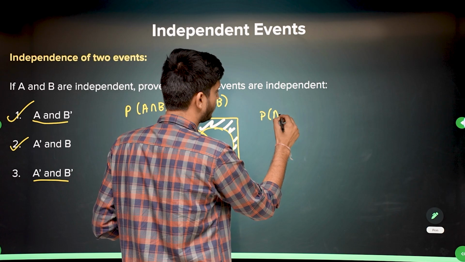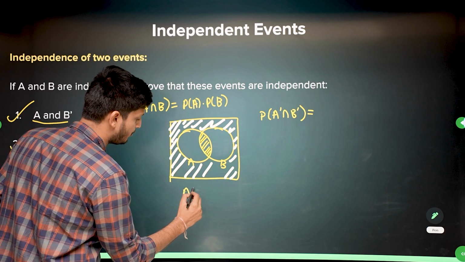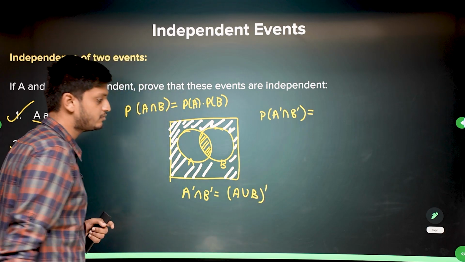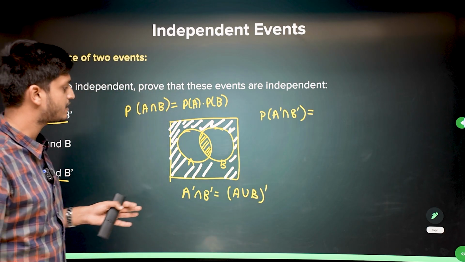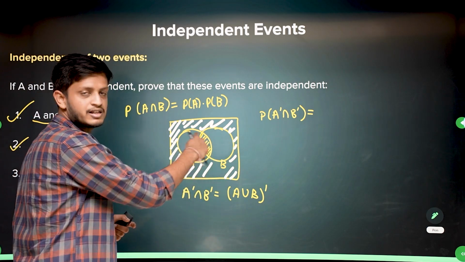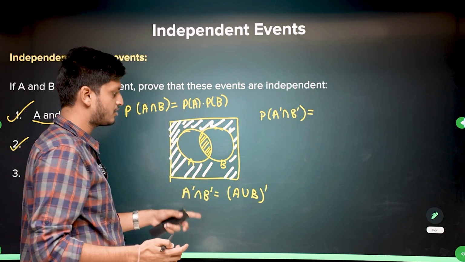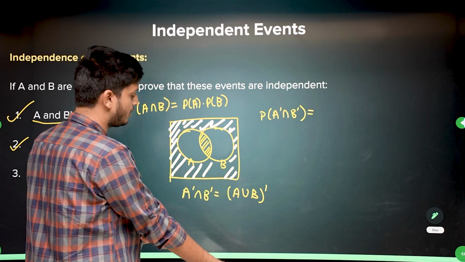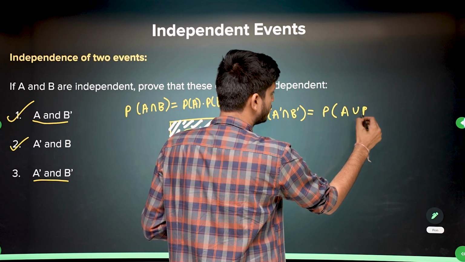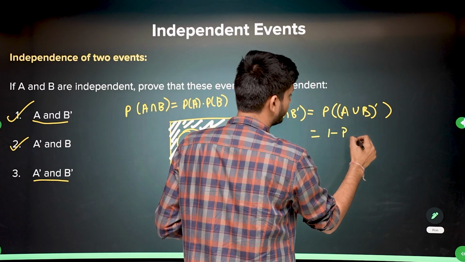It is very obvious that the set A complement intersection B complement is nothing but A union B complement, right? It's a form of De Morgan's law. A union B is all this area. Whatever is not in A union B is not in A and not in B. So probability of A complement intersection B complement is probability of A union B complement, which is 1 minus probability of A union B.